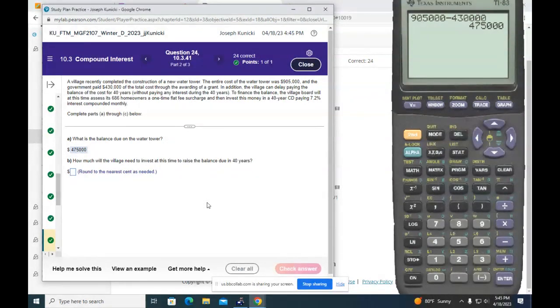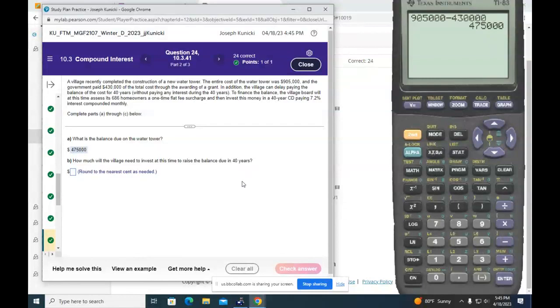To finance the balance, the village board will, at this time, assess its 686 homeowners a one-time flat fee surcharge, and then invest the money in a 40-year CD paying 7.2% compounded monthly. So those are good numbers, 7.2%, and no interest from the government. So it's a present value formula.